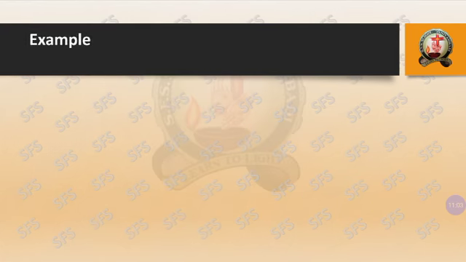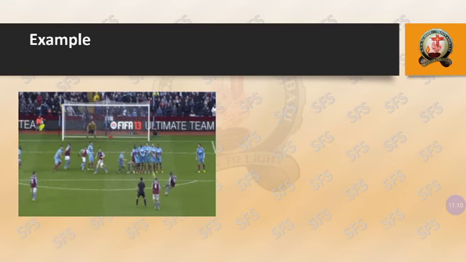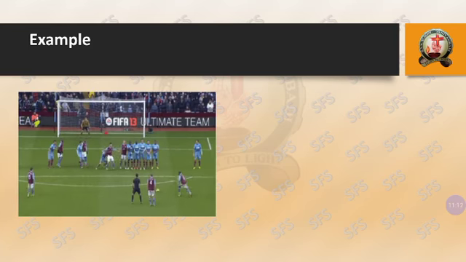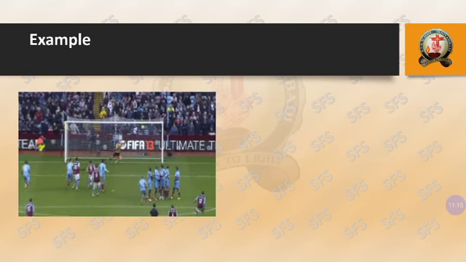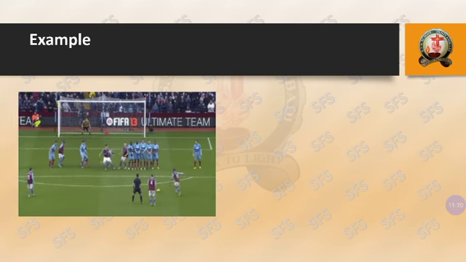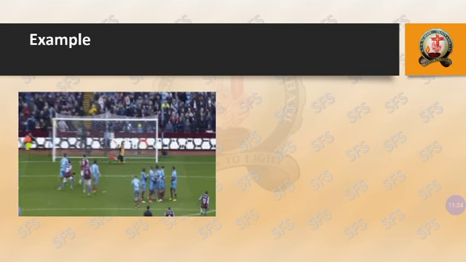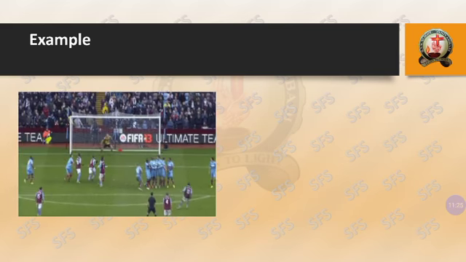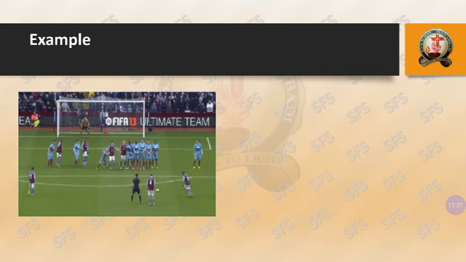Here are a few more examples which I will quote regarding the state of motion. For example, if a footballer tries to kick the ball, in this case the footballer is trying to hit the goal. The ball is not being stopped by anybody; even though the goalkeeper is trying to stop the ball, he could not reach it.